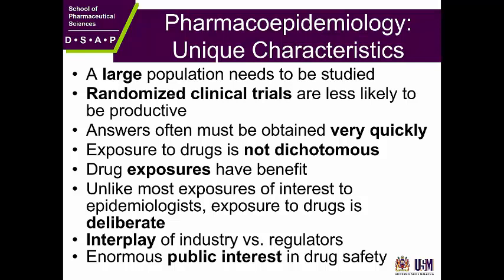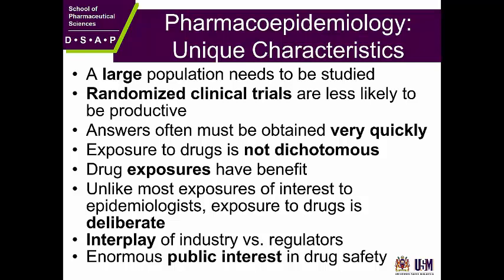Usually all of these three factors are not deliberate, so they exist as they are. For the host, there is no way we control how their immune system would be, and we also do not control the environment. But in pharmacoepidemiology, the main difference from the main epidemiology disciplines is that the exposure that we see is deliberate.